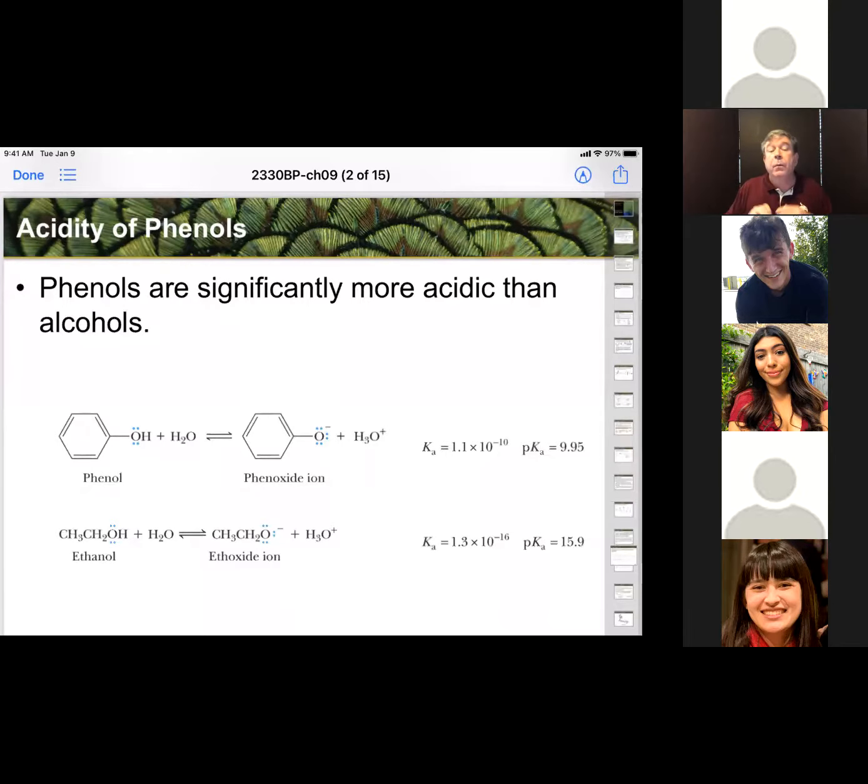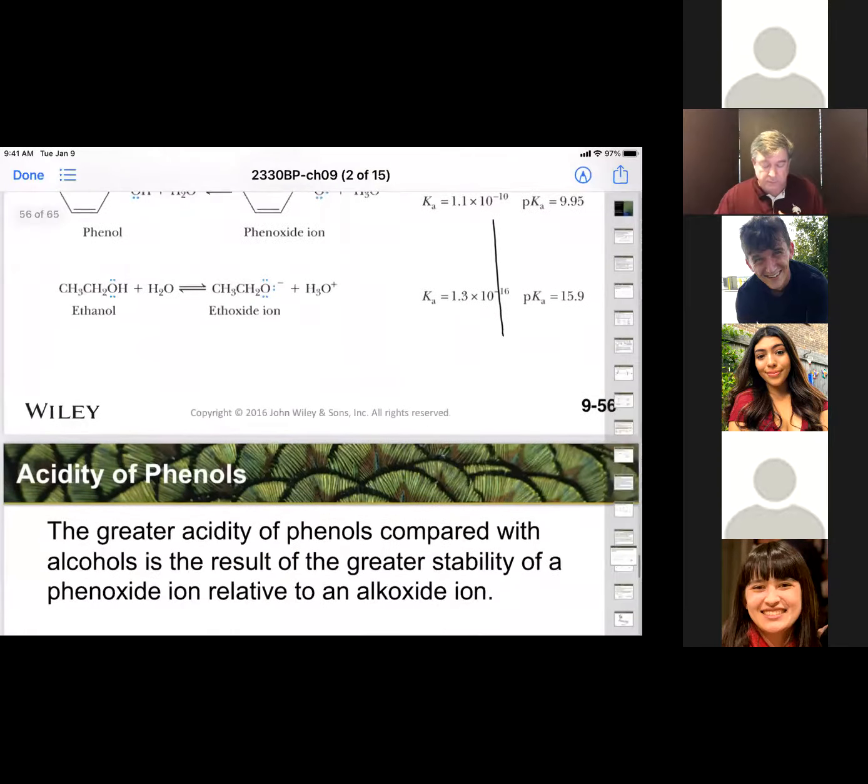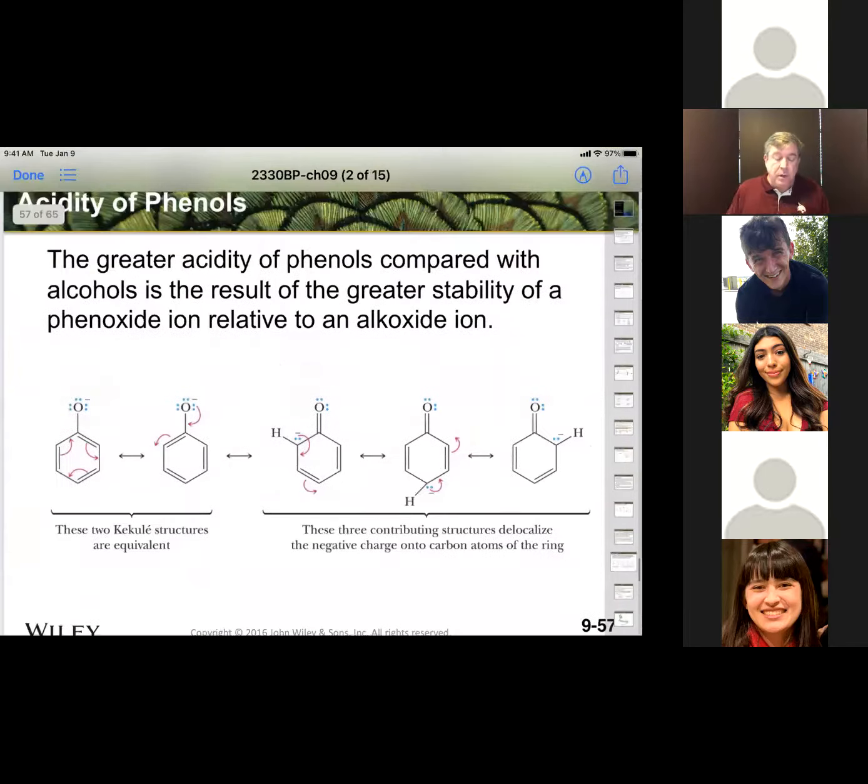The reason has everything to do with the benzene ring being able to stabilize that negative charge. Remember, things that have a delocalized negative charge are more acidic. So if we deprotonate our phenol, we're going to end up with an anion right here. But then, by pushing electrons, we can actually put the negative charge on the ring.